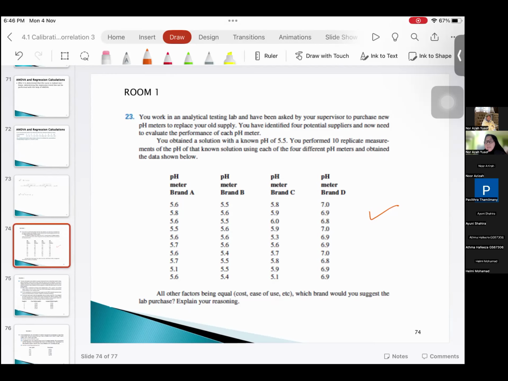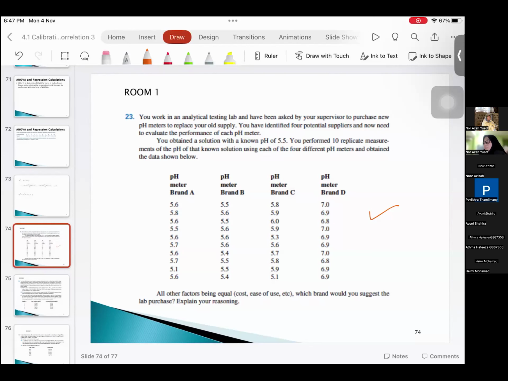If you're using spreadsheets or any other software, you have to paste it on the slides. The calculation also goes on the slides, and you have to present it. Yeah, you have to present the calculation.